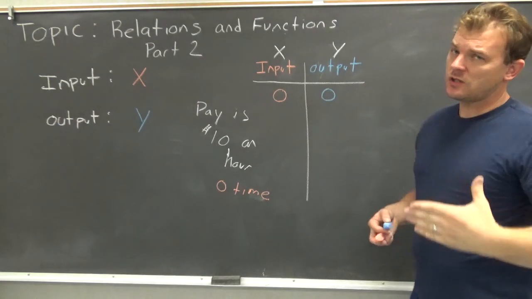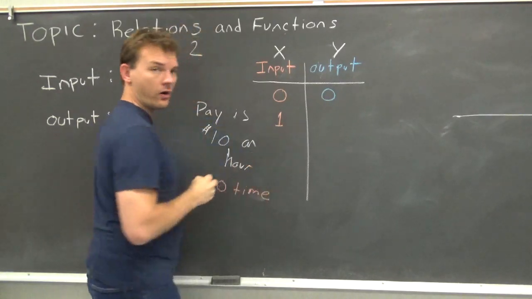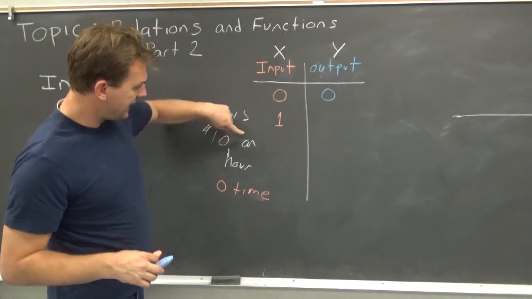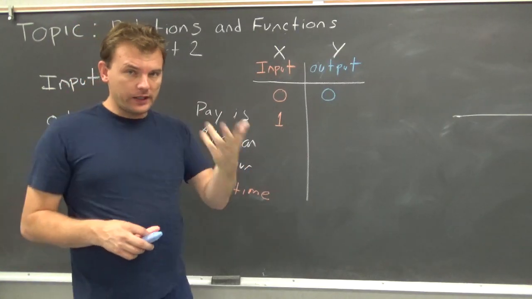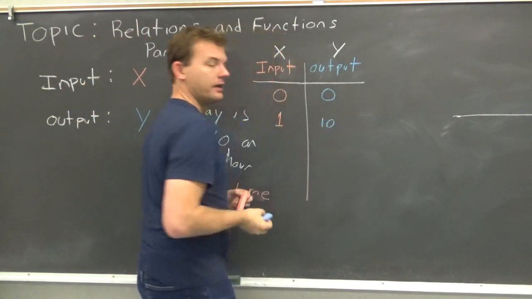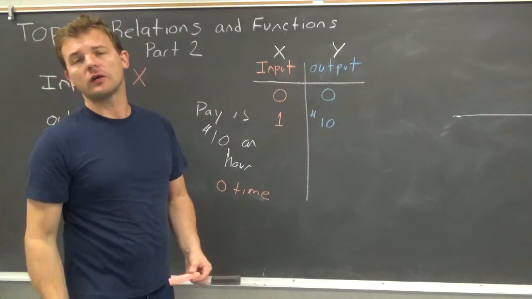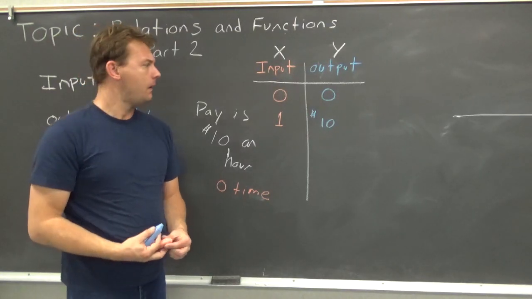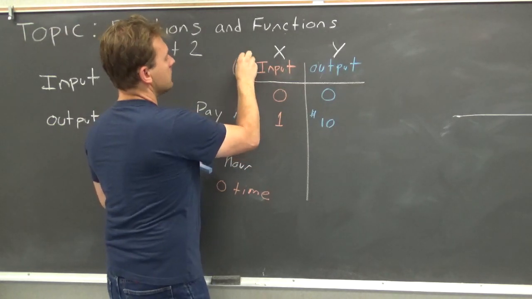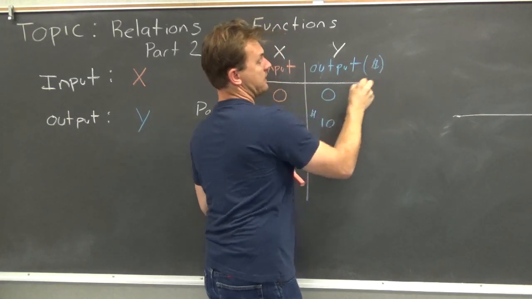Now the day goes on, I work 1 hour. How much did you make? Well, if you get $10 an hour, in 1 hour you get $10. If you want to, you could put a little dollar sign on them just to help you out. Or you can say the input is hours, and the output is dollars.